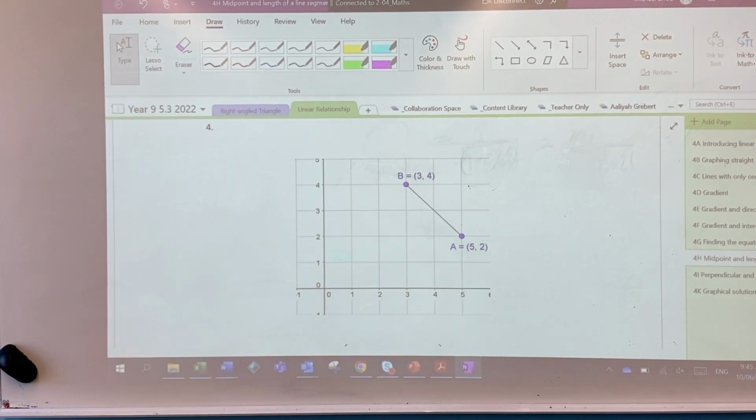I didn't mean negative number, I mean negative gradient. Let's give it a go.